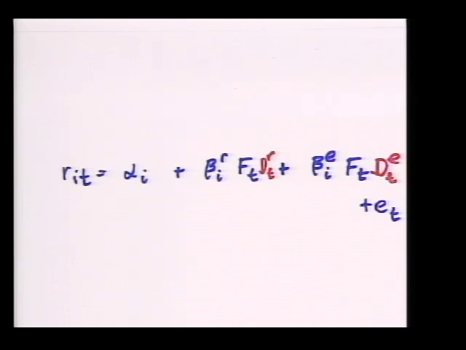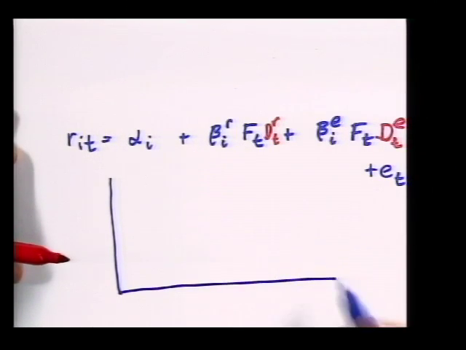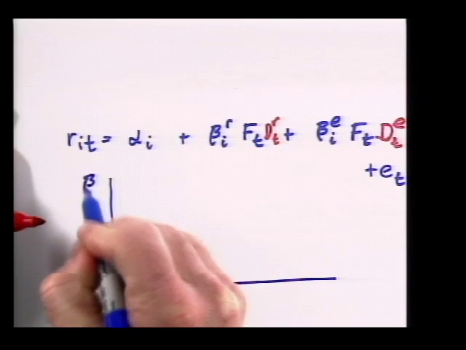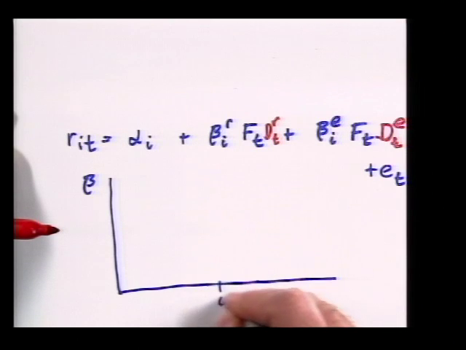Does everybody see that? If we plotted the beta function here, it would simply jump. So if this is beta, and let's say we use the yield curve negative or positive, so it's the beta function, and let's say that's 0.